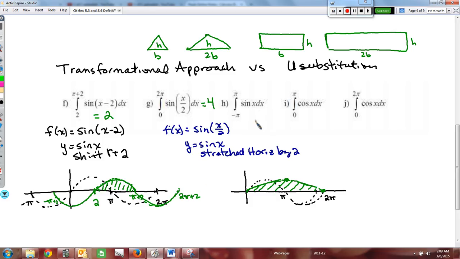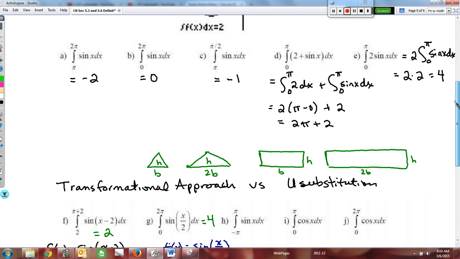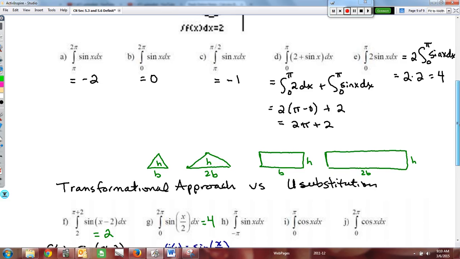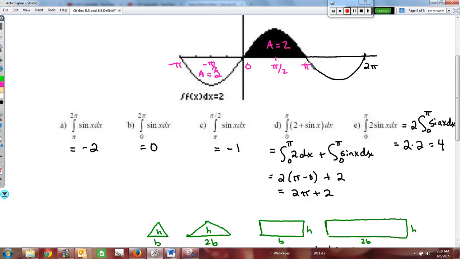All right. Now here I'm going negative pi to pi. Now let's think about this odd function. We can go back up here to this. This one's not a transformation. This one is, if I go negative pi to pi, it's an odd function. What would always be true for an odd function if you have equidistant bounds, a left bound and a right bound on either side of the origin?